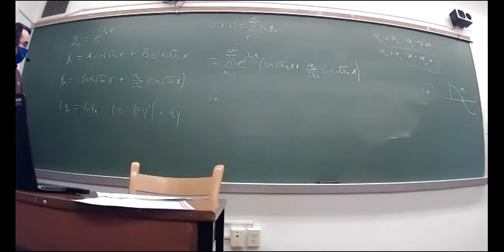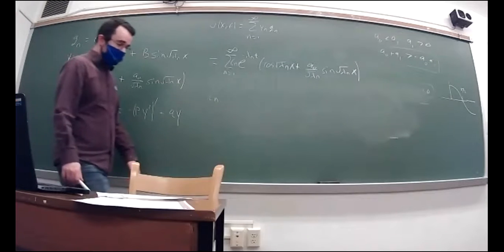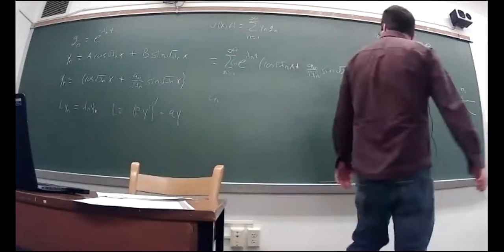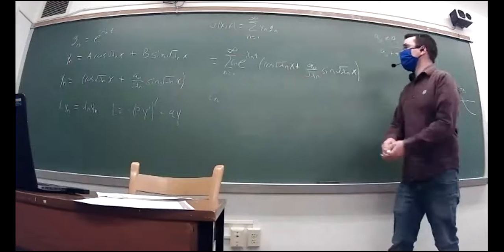And Sturm-Liouville theory says that it's these y sub n's that are a complete orthogonal system. So you're not using cosine root lambda n times x. You're using y sub n.